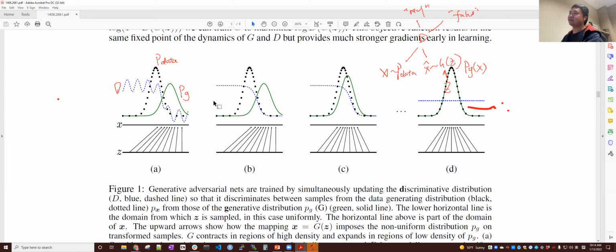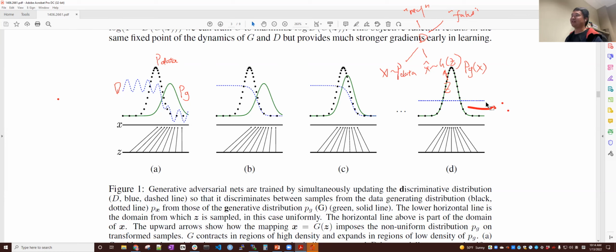As you can see, after a couple of iterations, the fake distribution PG will converge to the real distribution P data, and your discriminator will be constant.